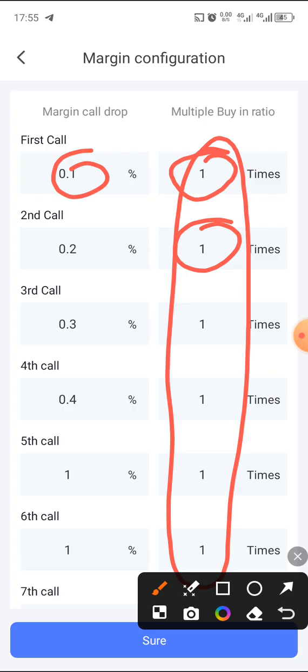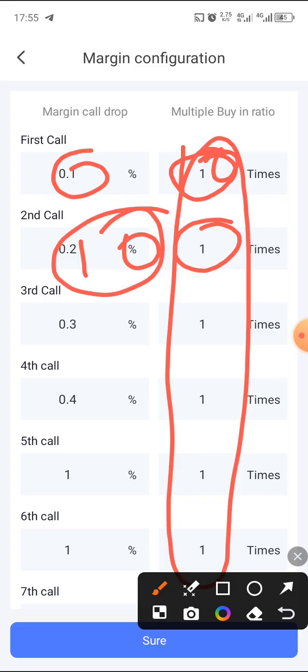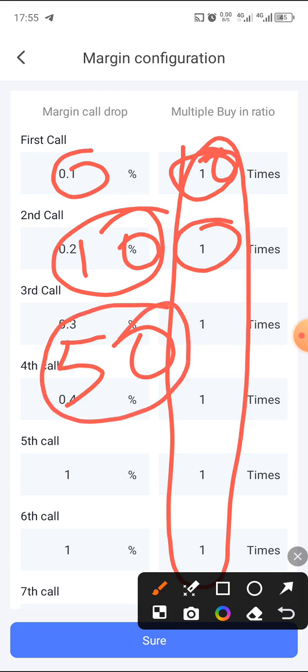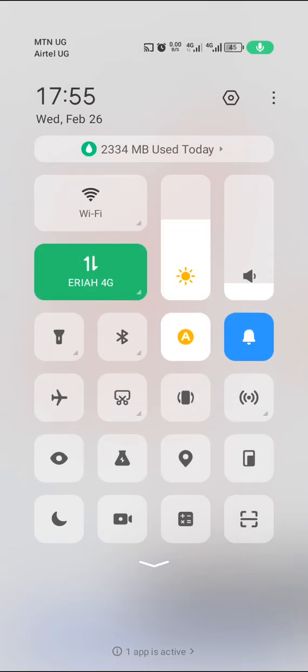We want our robot to buy using $10. But remember, we set our first buy as 50. So how are we going to instruct our robot to buy using only 10, yet the first buy is 50? So come on your calculator.